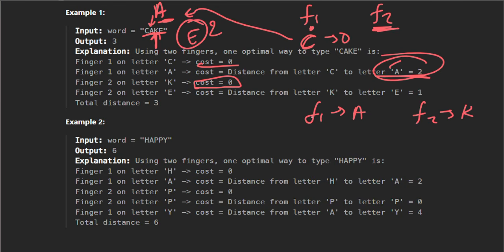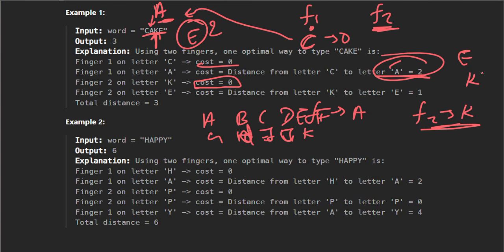So which finger should we use? A, B, C, D and E. If you move from A to E, then the distance is 4. But if you go from K to E, E, F, G, H, I, J, K, so it is like E and then below it is K. So if you move from K to E, then the cost is 1.